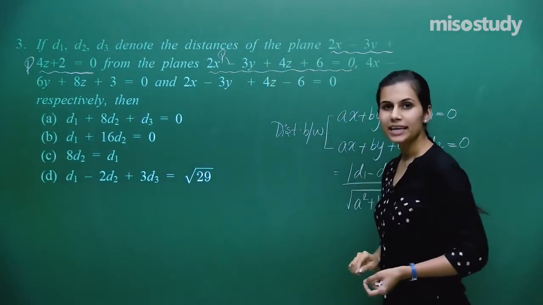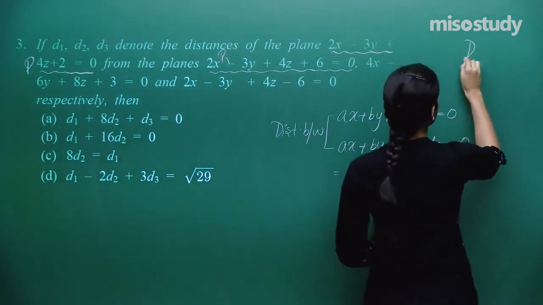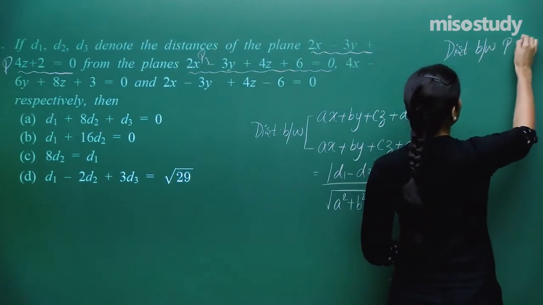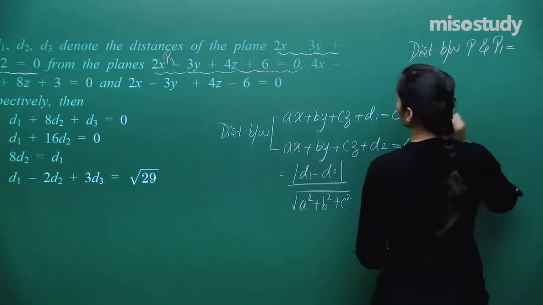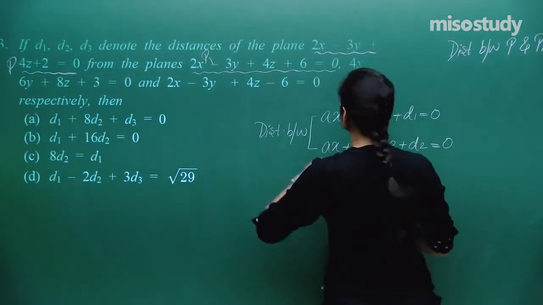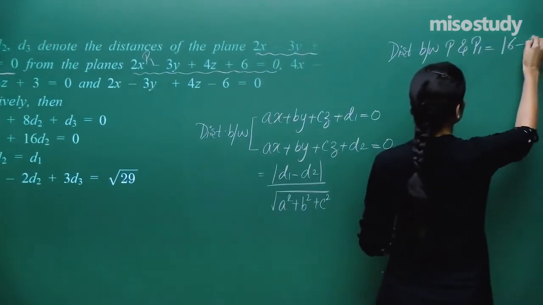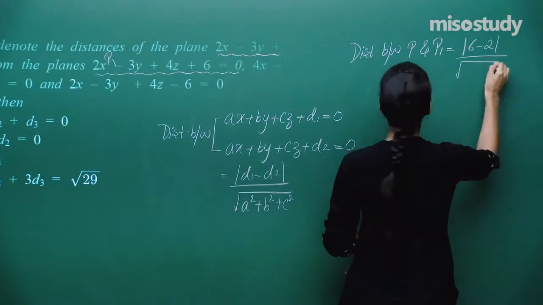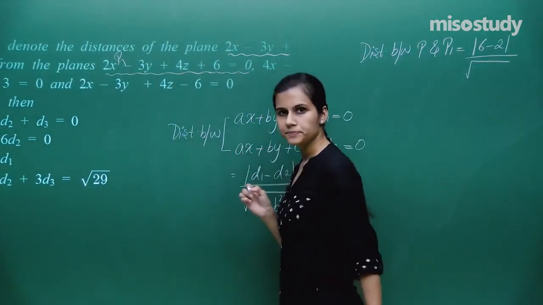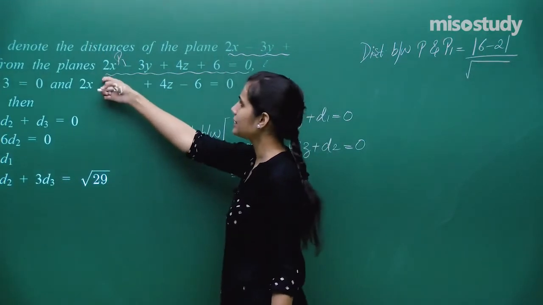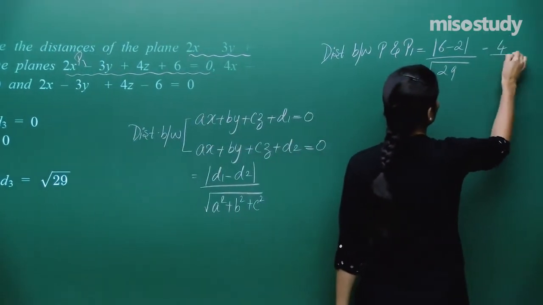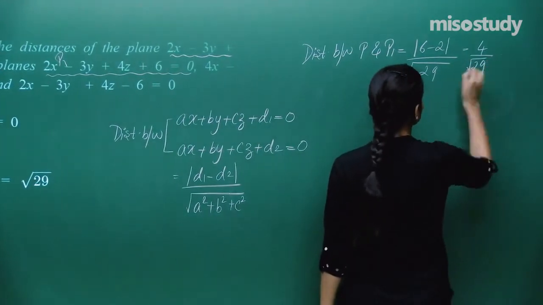The distance between P and P1 is given to you. Since they both are parallel, it will be D1 minus D2, 6 minus 2, whole upon under root 2 square plus 3 square plus 4 square. 16 plus 4, 20 plus 9, 29. So you get 4 by root 29.